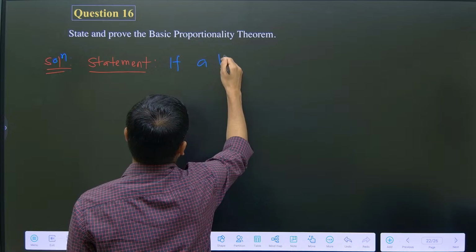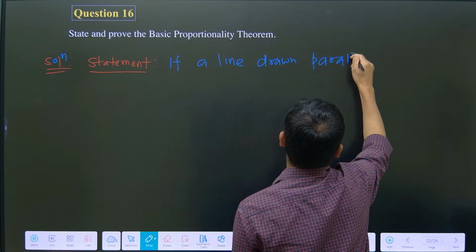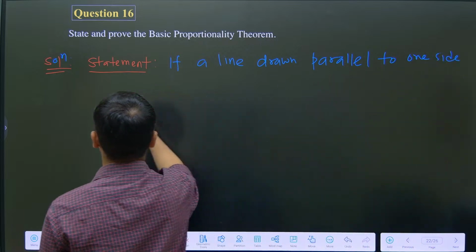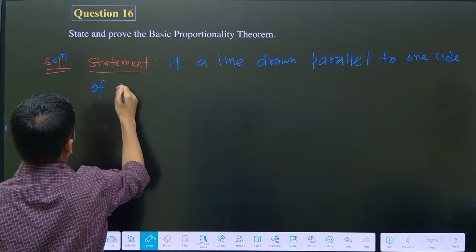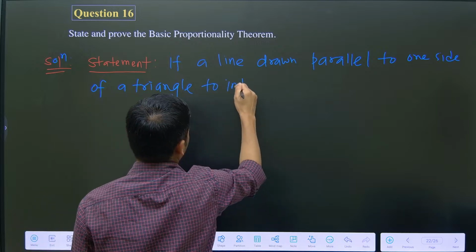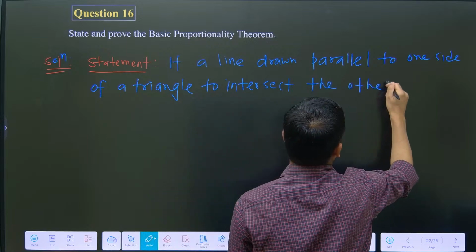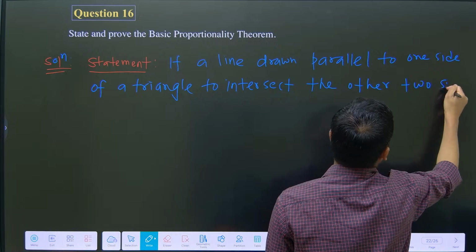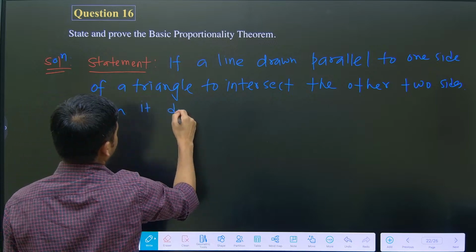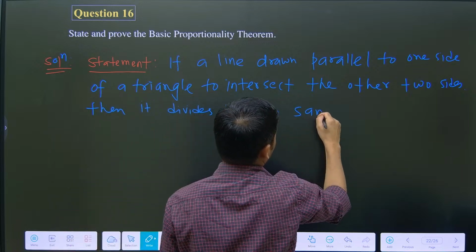If a line drawn parallel to one side of a triangle to intersect the other two sides, then it divides them in the same ratio.